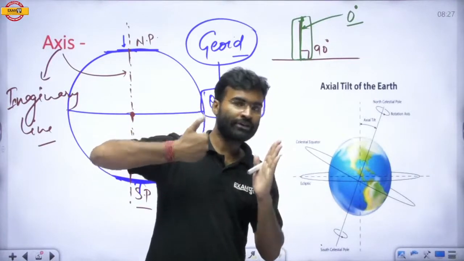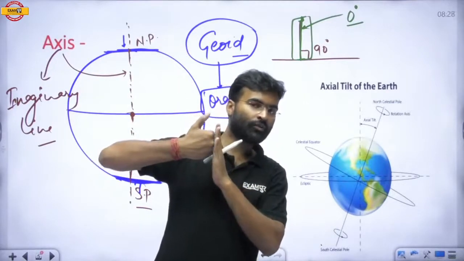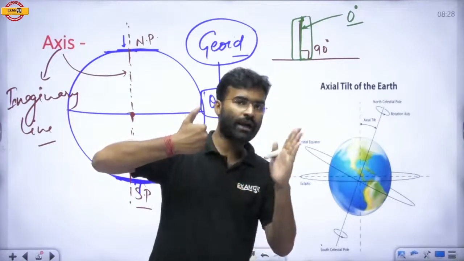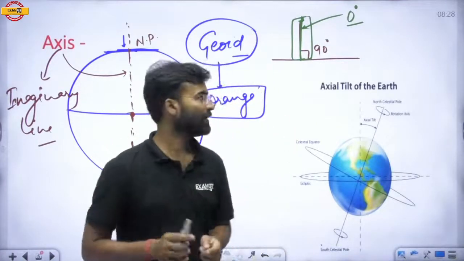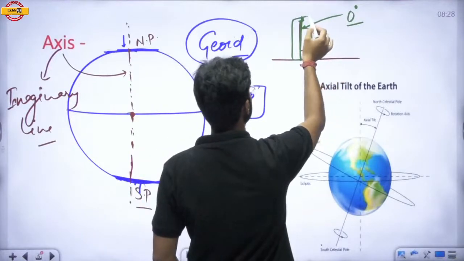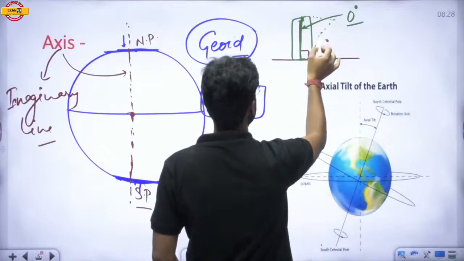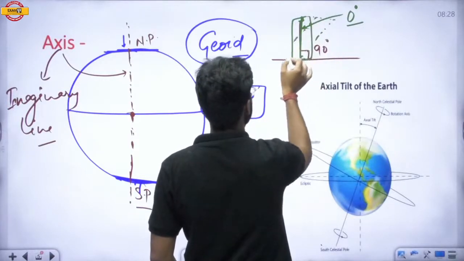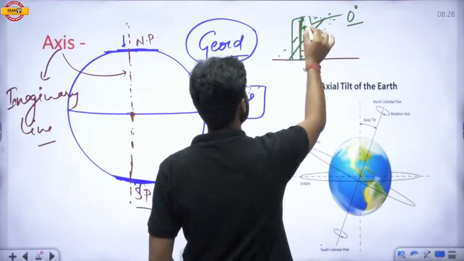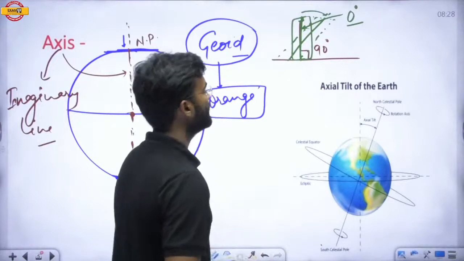That means initially the axis is at 0 degrees, but at whatever angle I am bending, the axis is bending from that angle. So if this is the 0 degree and this object started to bend, suppose it is located at this point, so the axis now lies on this section. There is a change in the angle.